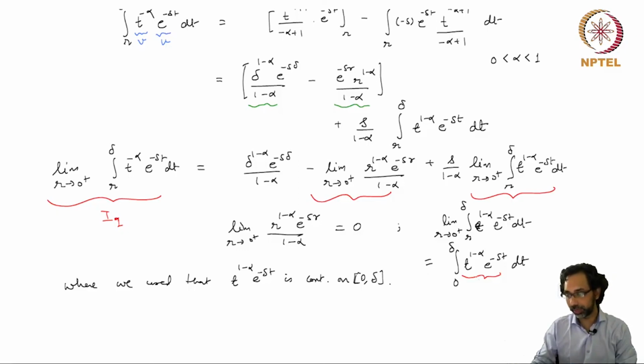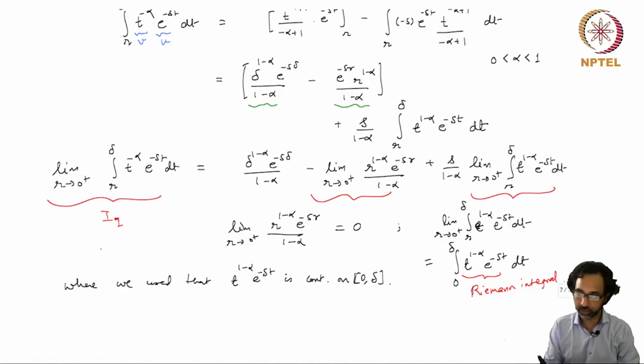Therefore this limit as r goes to 0 plus exists and is equal to the Riemann integral, the Riemann integral in the ordinary sense. Therefore all our limits exist, and so I1 exists, and we have already shown that I2 exists, so therefore the Laplace transform exists.